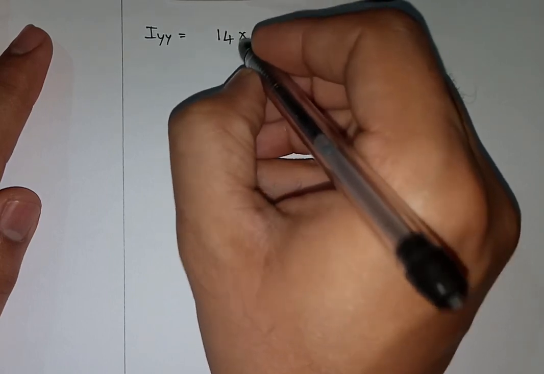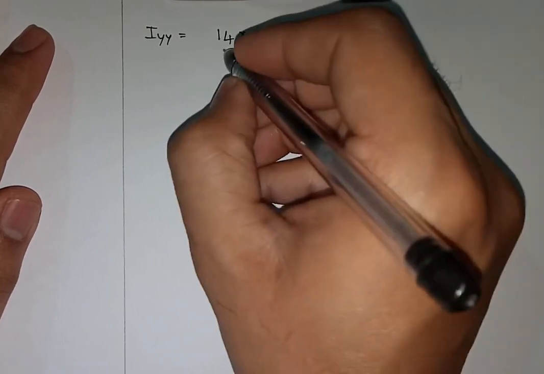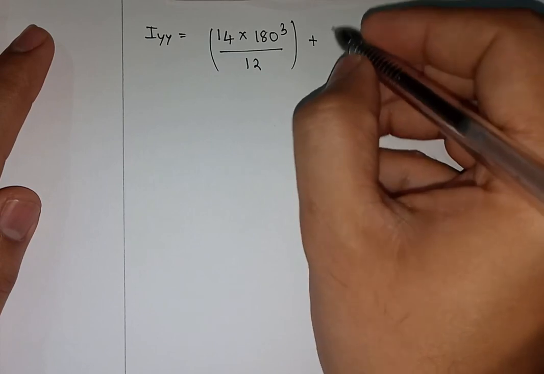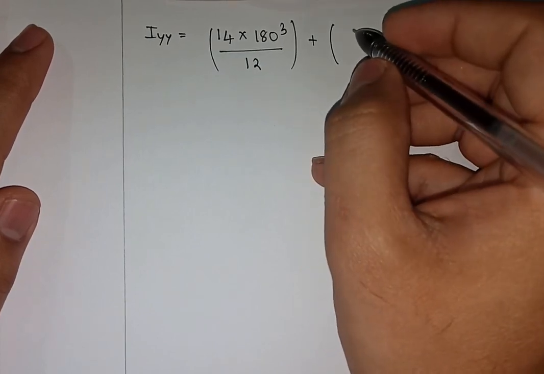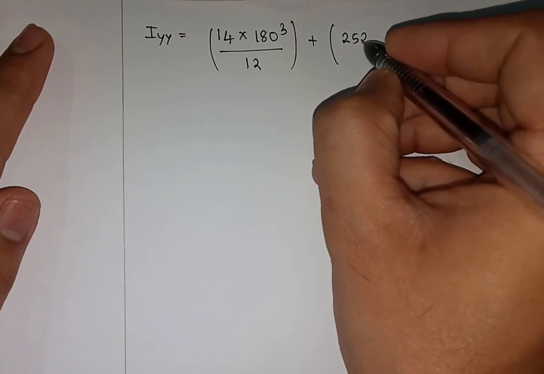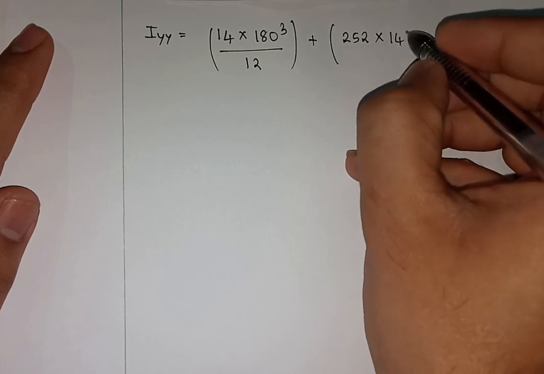B D cube is 180 cube divided by 12, plus, we are having once again BD cube by 12, where 252 becomes B and D is 14.